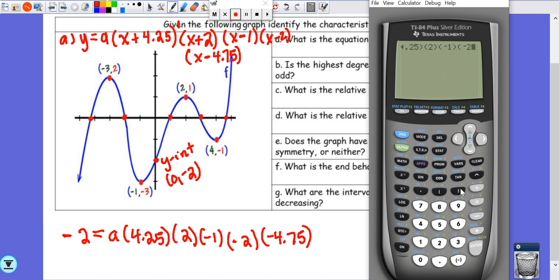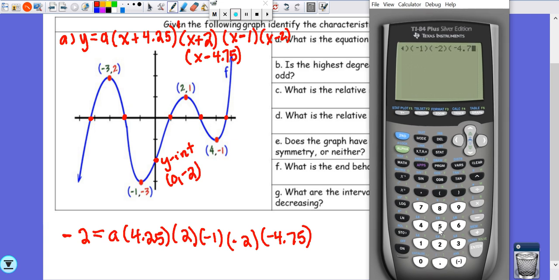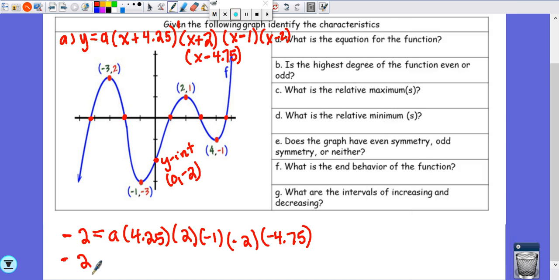Negative 2, negative 4.75, close that. And okay, so I get negative 2 equals, what's that number?